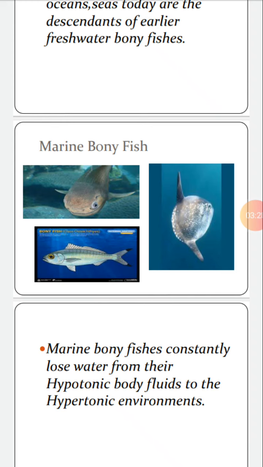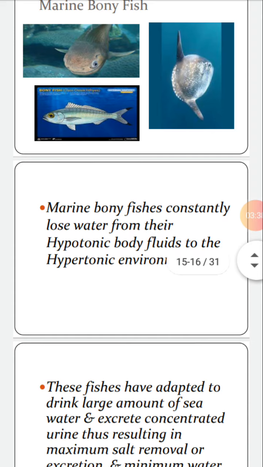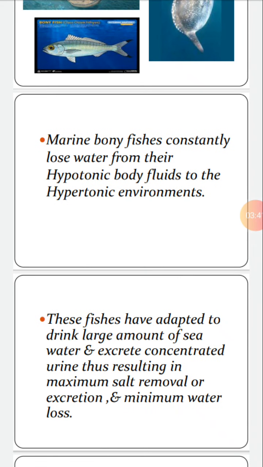They constantly lose water from their hypotonic body fluids to the hypertonic external environment. These fish have adapted to drink large amounts of seawater and then excrete concentrated urine, thus resulting in maximum salt excretion and minimum water loss.